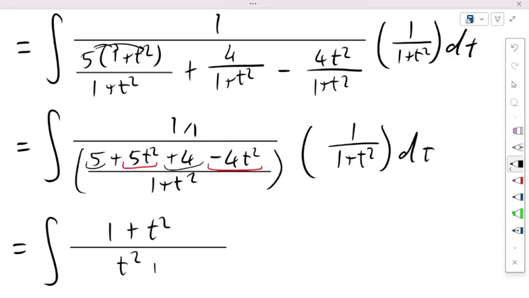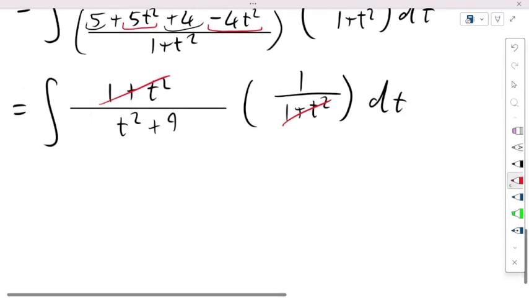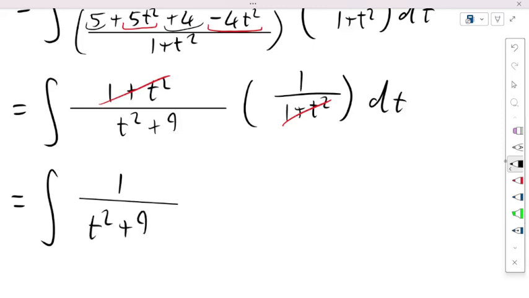So this is actually going to be plus 9, multiplied by 1 over 1 plus t squared dt. And note, these can cancel. And then what are we left with? We are left with the following. This is going to be equal to the integral of 1 over t squared plus 9. But we can actually rewrite this 9 as 3 squared dt.